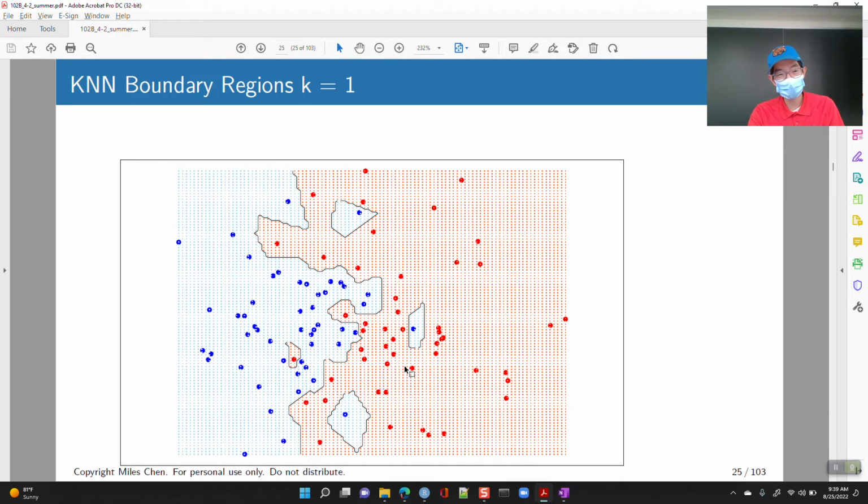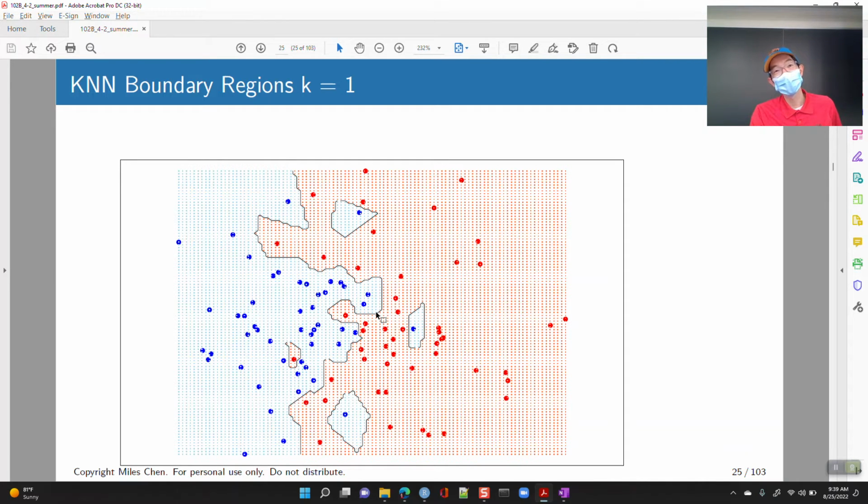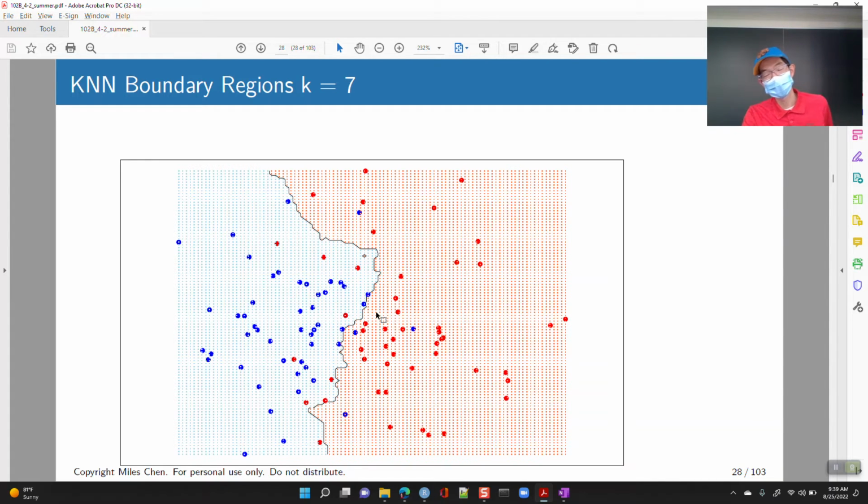So here's k equal to 1. You can look at the boundary. K equal to 3, k equal to 5, k equal to 7. The border doesn't necessarily get smoother, but it's now less influenced by lone stragglers here and there. That's what we see as k increases.